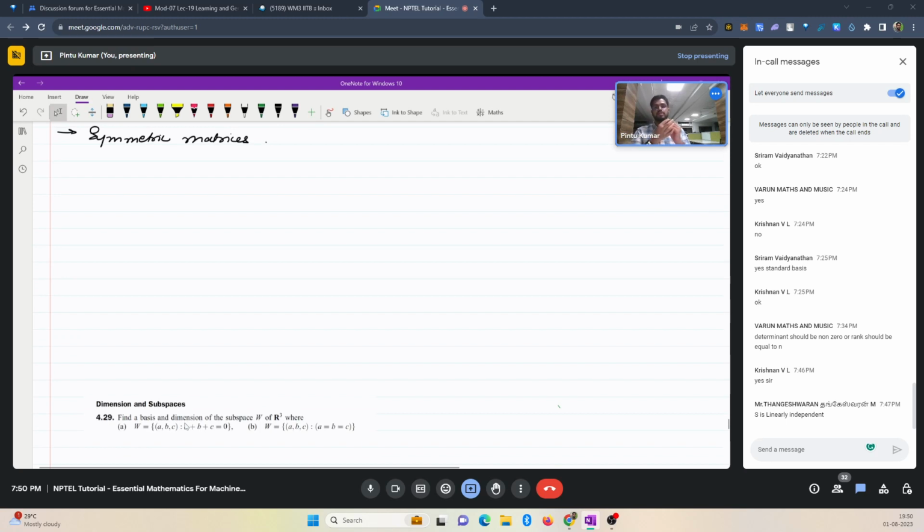Whenever you are asked to find the dimension but not explicitly the basis, you don't have to write the basis explicitly, you just need to find the dimension of some subspace. Just remember one thing: dimension is equal to the number of independent choices.